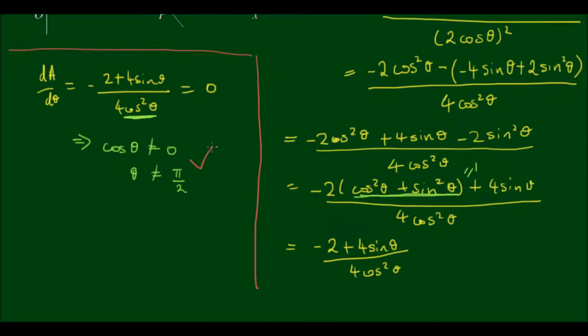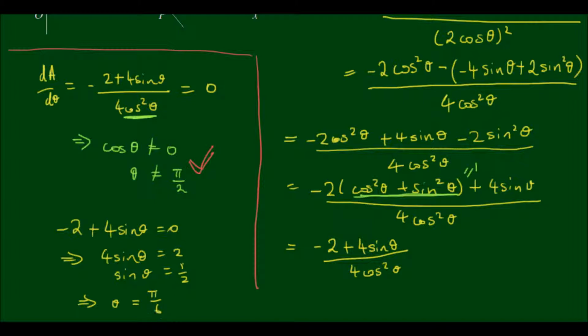So let's assume that this condition is true. If this is a non-zero term, then we can just say that negative 2 plus 4 sine theta is equal to 0. And let's solve for theta. So that would imply that 4 sine theta is equal to 2 and sine theta is equal to 1/2, which means that theta is equal to the inverse sine of 1/2, which is pi on 6.